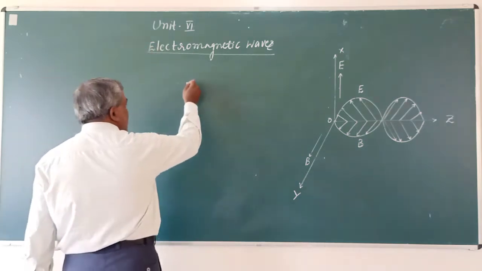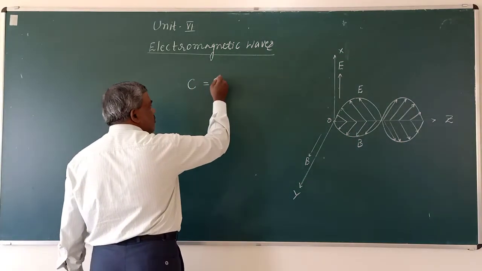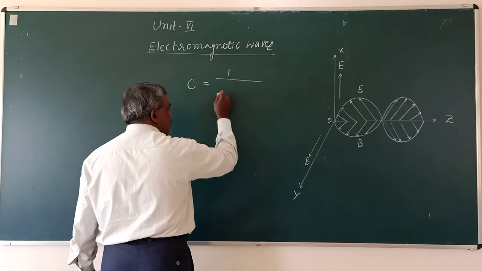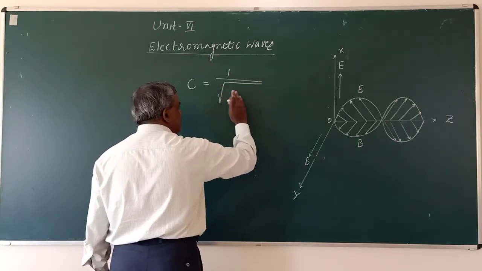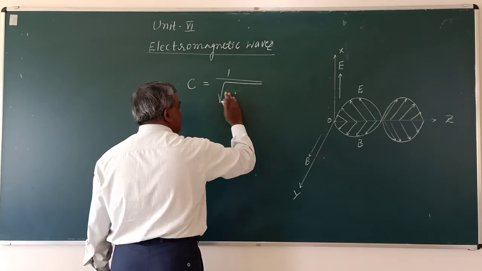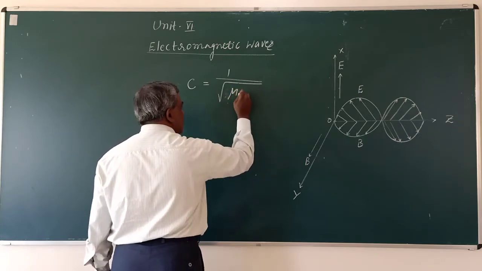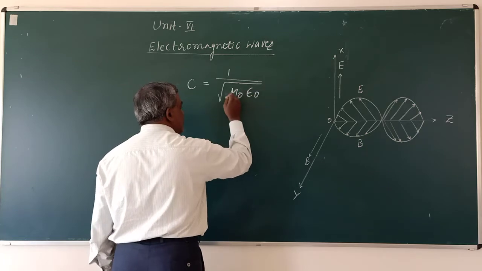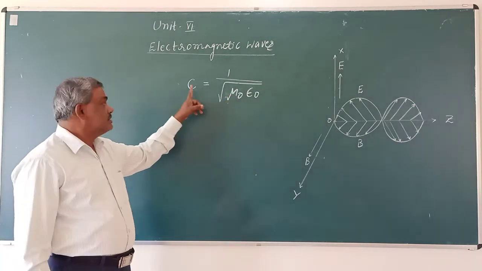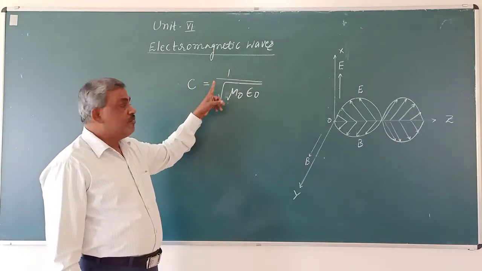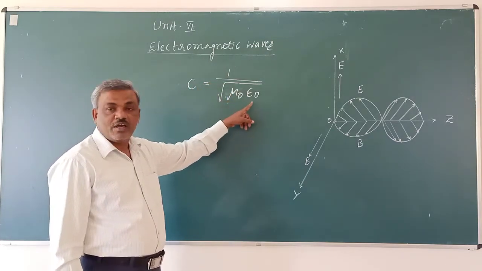The mathematical formula: C equal to 1 divided by the square root of mu naught epsilon naught. This is a very important mathematical formula.